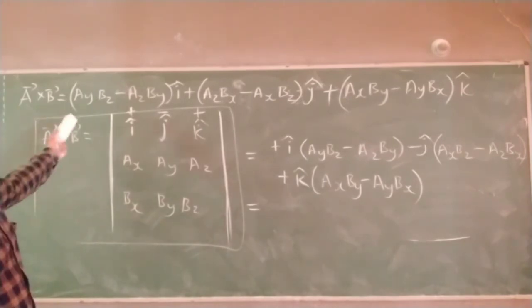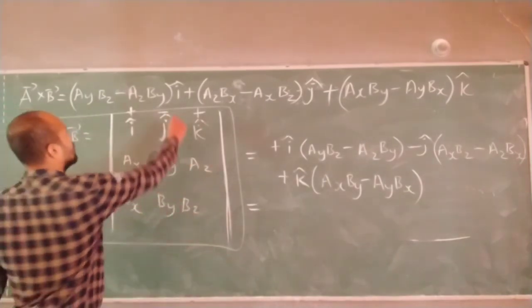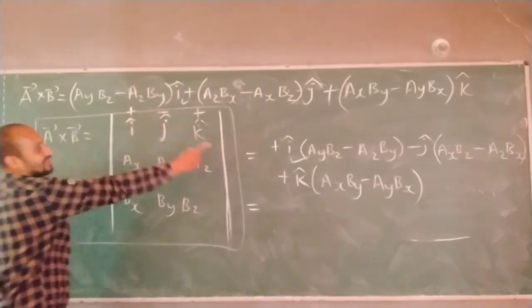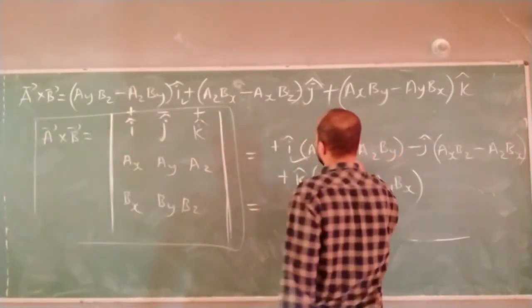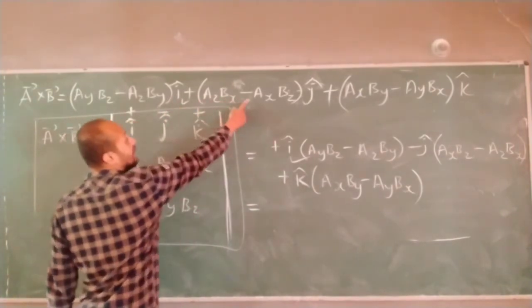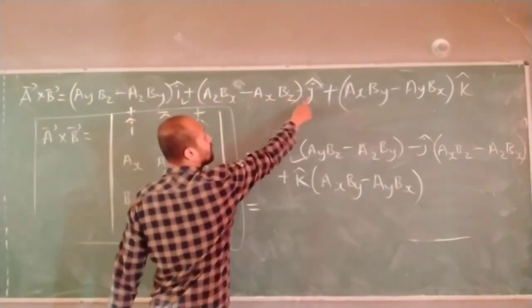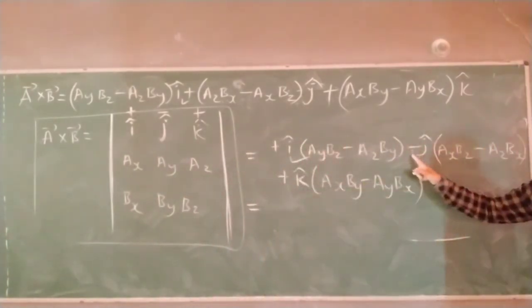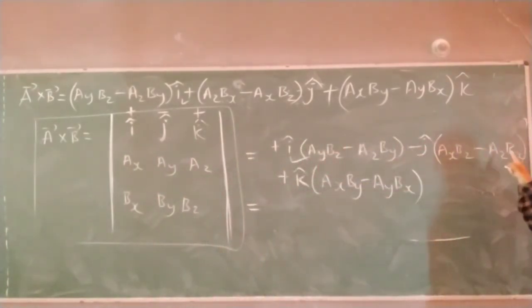what is that? ay bz minus az by, i cap. Second one, az bx minus ax bz, j cap. So here if you take a negative sign inside, you will get az bx minus ax bz. Correct?